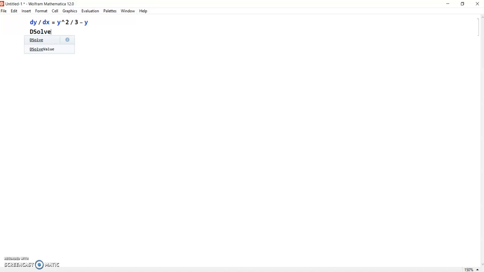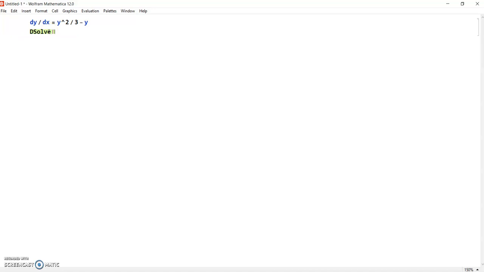Every built-in mathematical function in Mathematica starts with a capital letter, and then we have to write that function exactly the way it is. When I started to write DSolve, it already showed me the options, so I can choose this option.